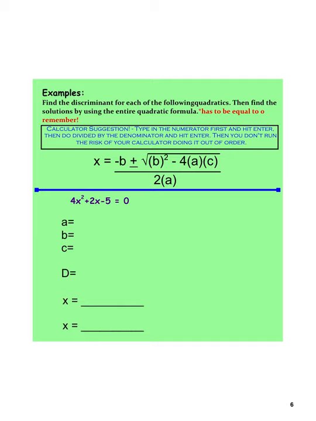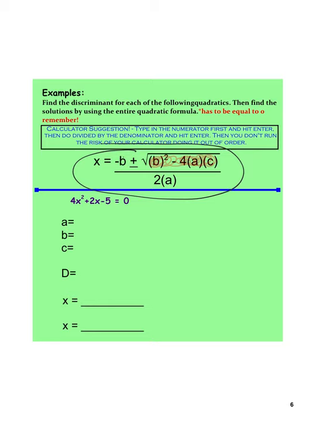So let's look at an example here, and with this example, we've got the quadratic formula. We've got the calculation for the discriminant, which is going to be under that radical, and we're going to be solving for the zeros, using the discriminant to see how many real roots we have.